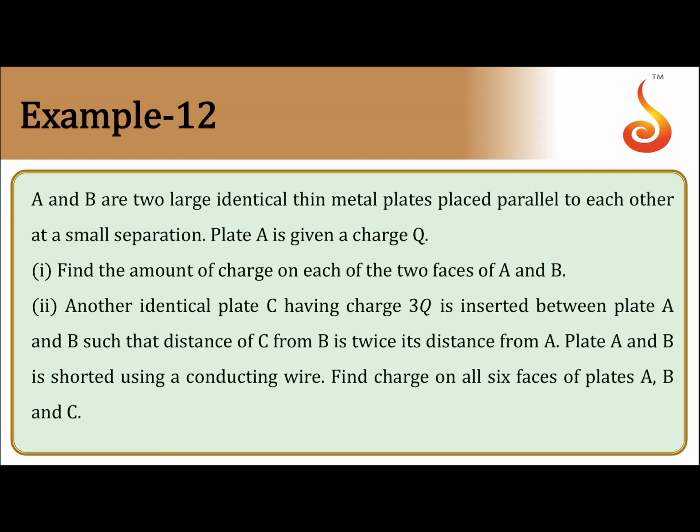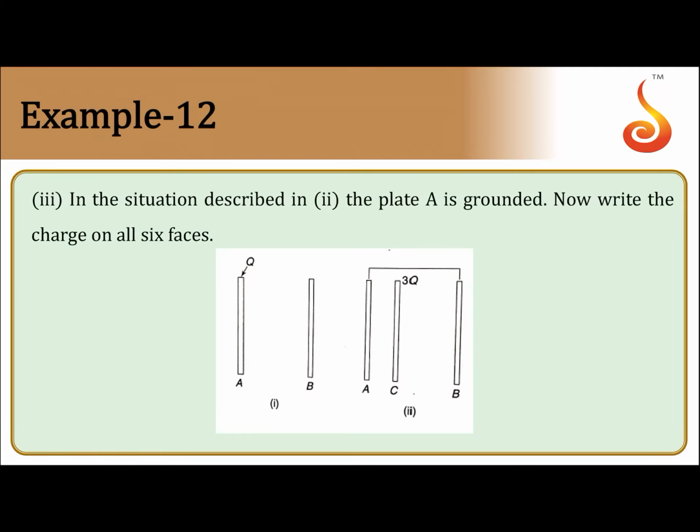Second, another identical plate C having charge 3Q is inserted between the plates A and B such that distance of C from B is twice the distance from A. Plates A and B are shorted using conducting wire. Find the charge on all 6 faces. So first situation and second situation. Third part of the situation described in 2, the plate A is grounded. Now write the charge on all 6 faces.